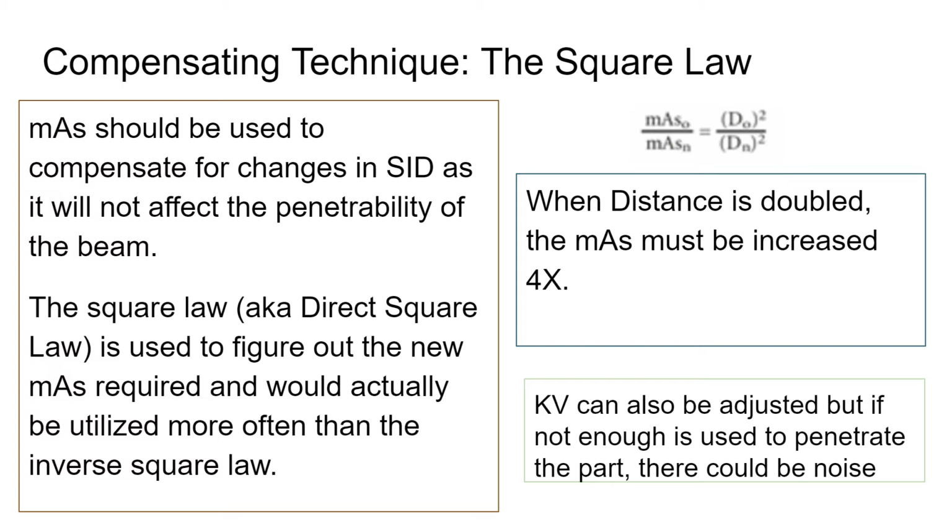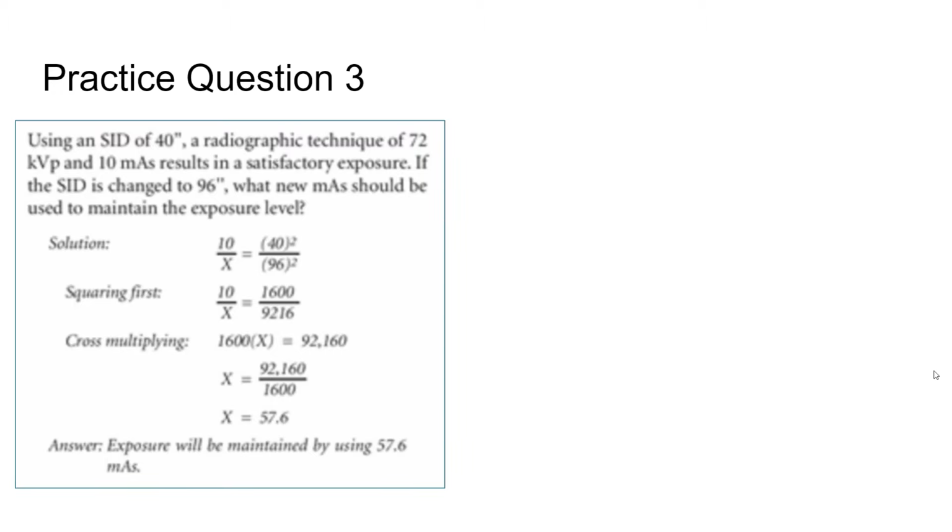So now if you know that you need to double the exposure, you can use the 15% rule for kV. But if the problem is related to what your new mass is, you have to use the direct square formula. So let's do one. Here's one.